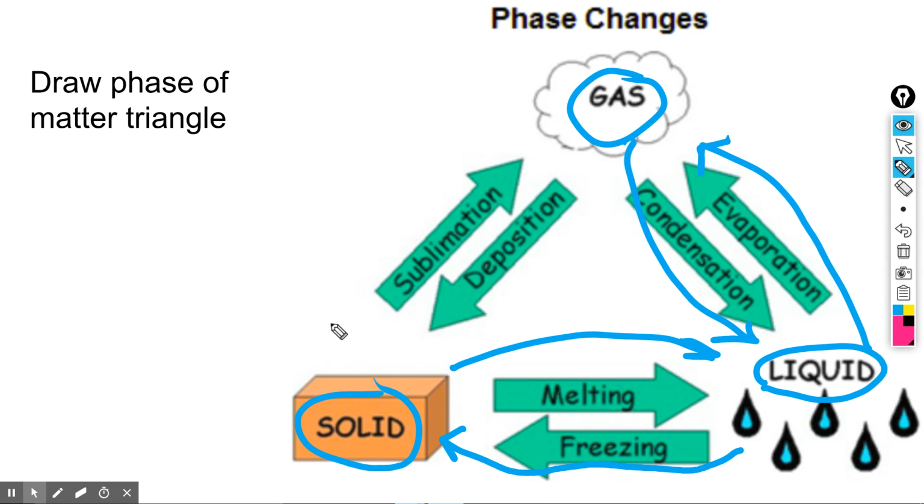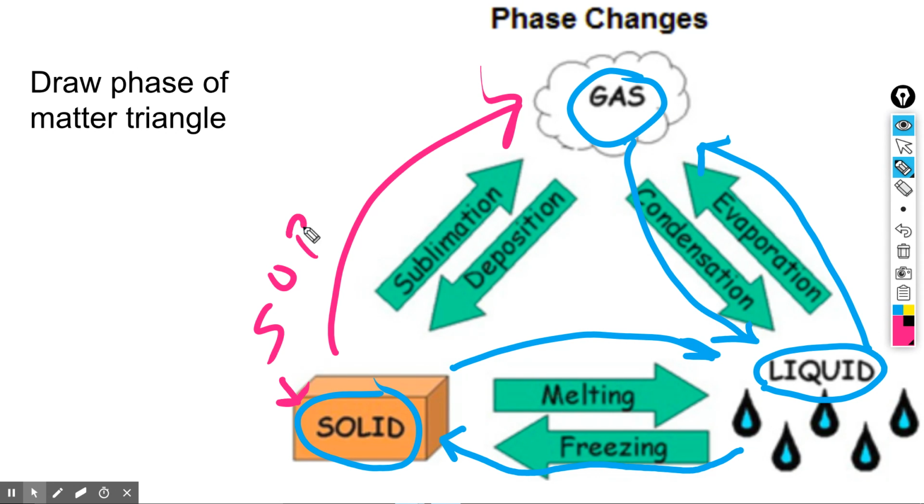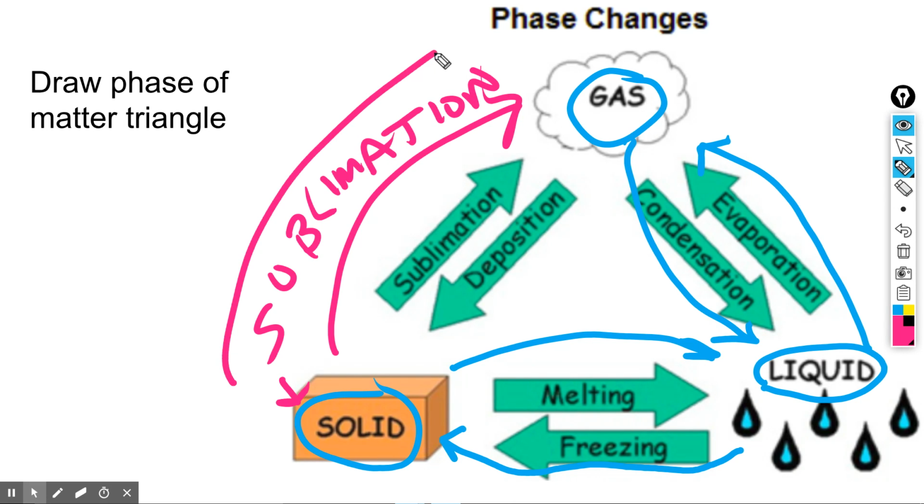And then two that we might not know as well. Sublimation is going from solid to gas. The way I remember these is if we put the S in sublimation near the S in solid, sublimation goes from solid to gas. So put the S by solid and it goes up towards gas.